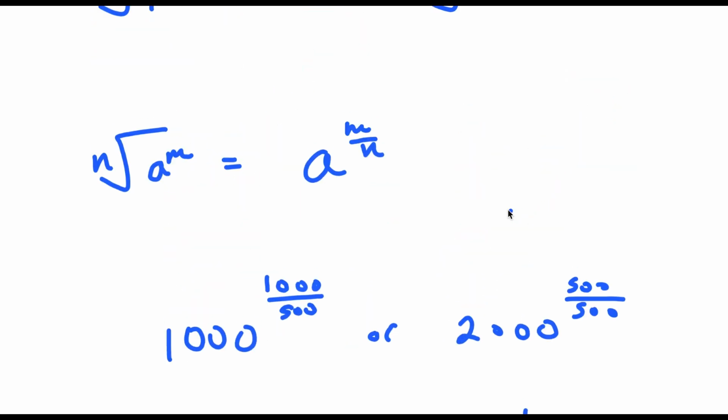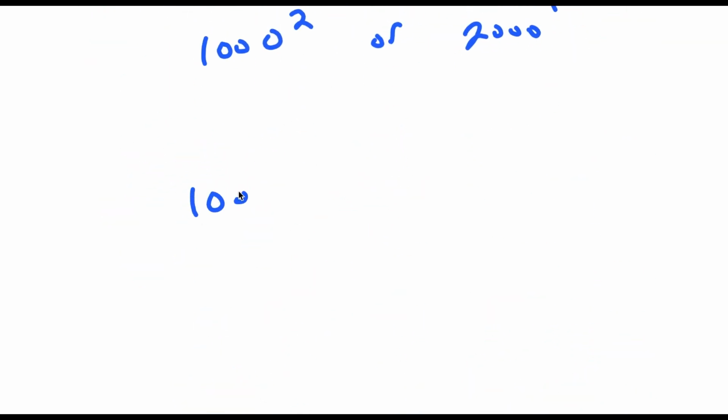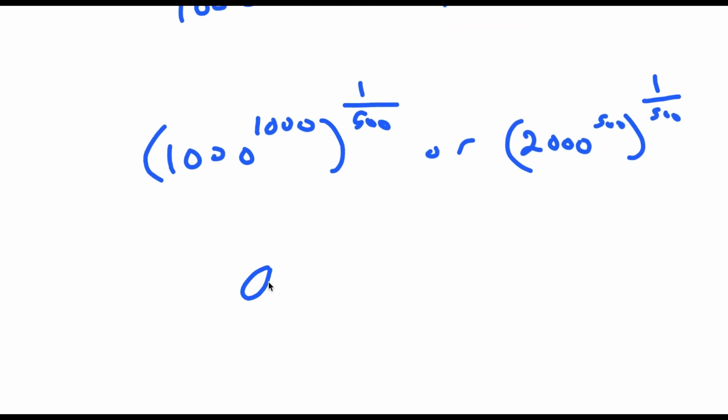And also, instead of just taking the 500 root, I can also instead take the power of 1 over 500, which is the same thing as the 500 root. And now, if I have something in the form a to the power of m to the power of n, this is equal to a to the power of m times n.